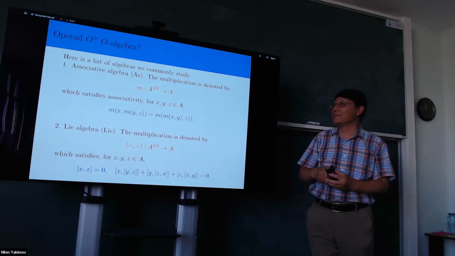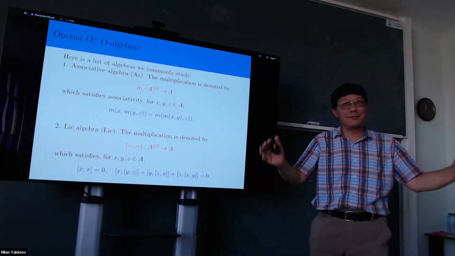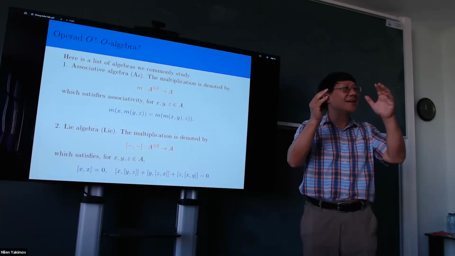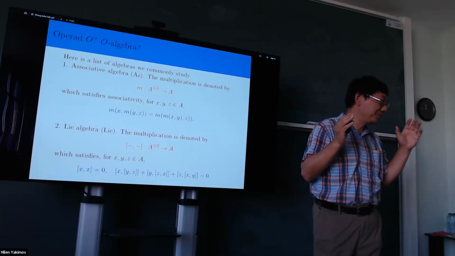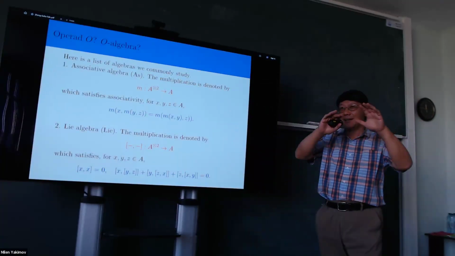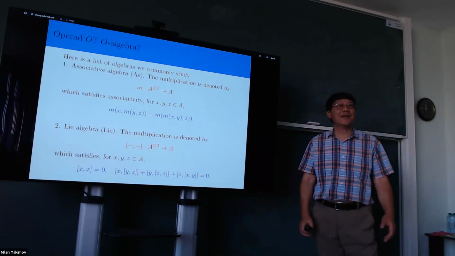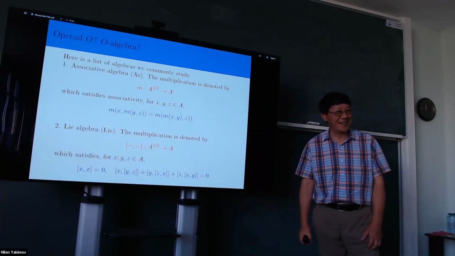So starting from the operad AS, all the AS representations are just associative algebras. Starting from the Lie operad, all the Lie representations are just Lie algebras. So that's the way to define an operad.